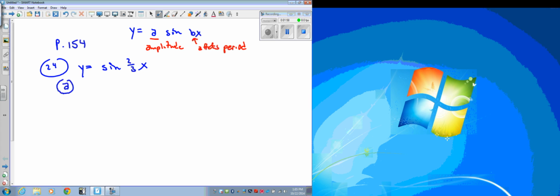So the amplitude then is going to be what? Period is technically this value here over 2 pi. I didn't say that right. It's going to be times the invert of that. So this is going to be 3 pi.